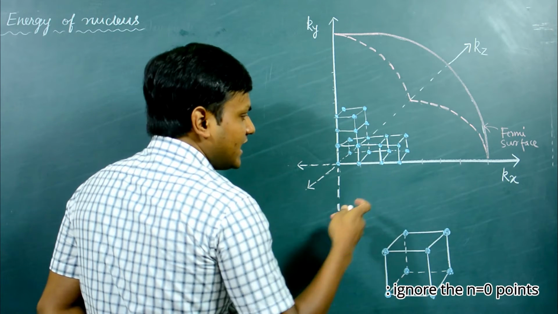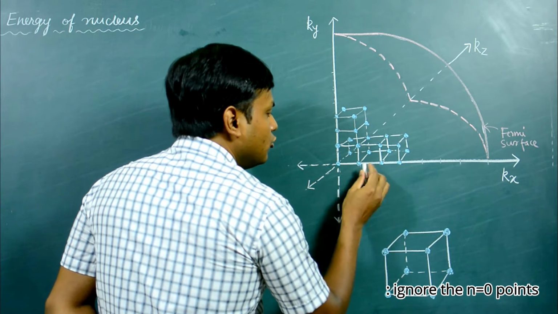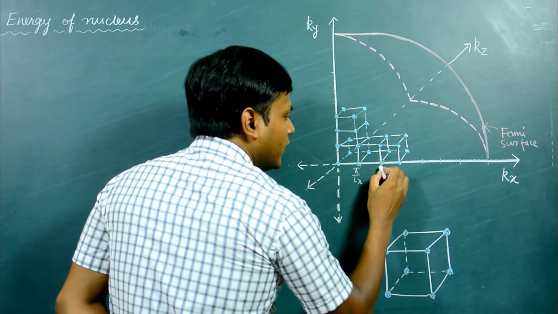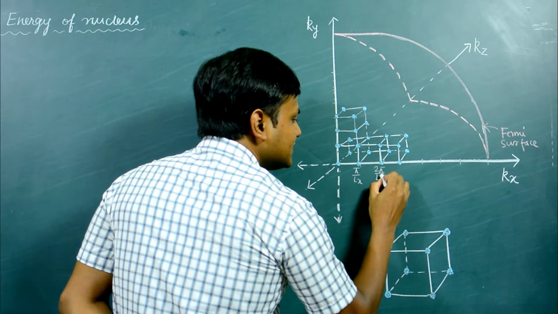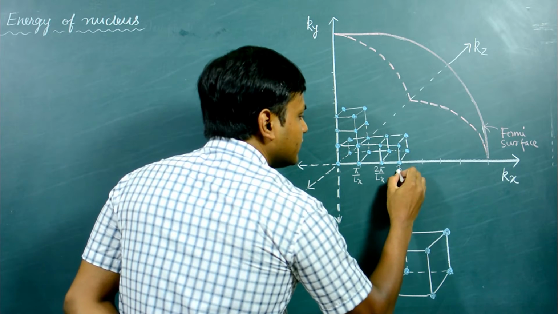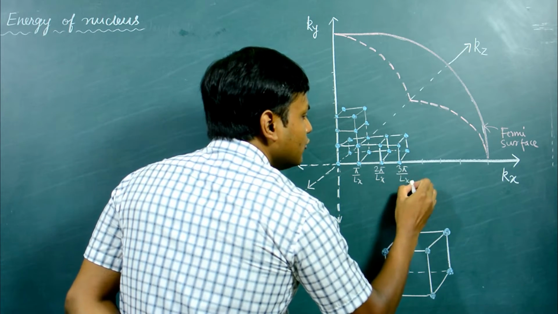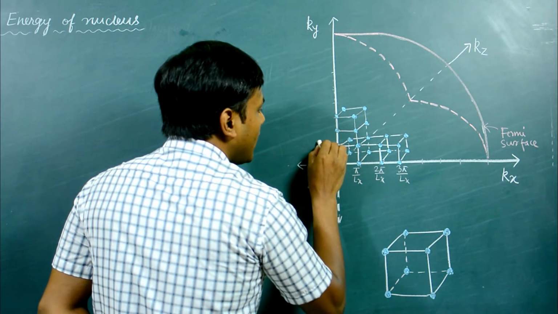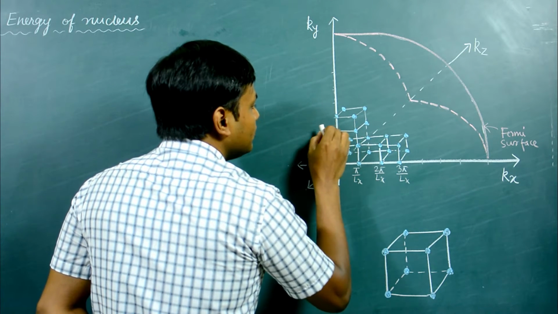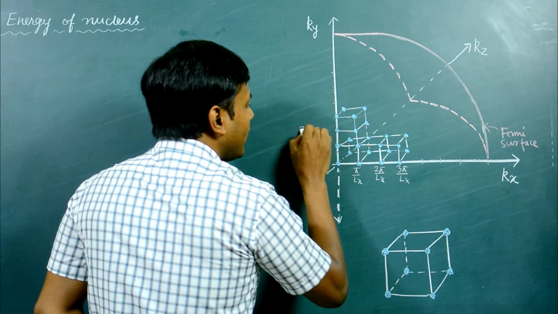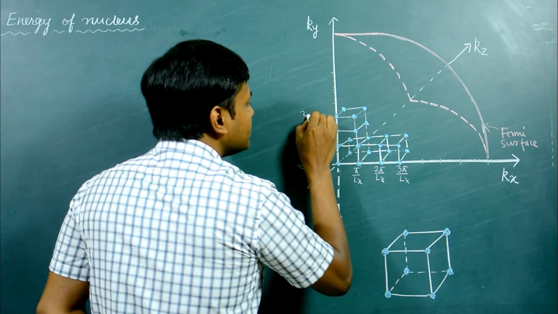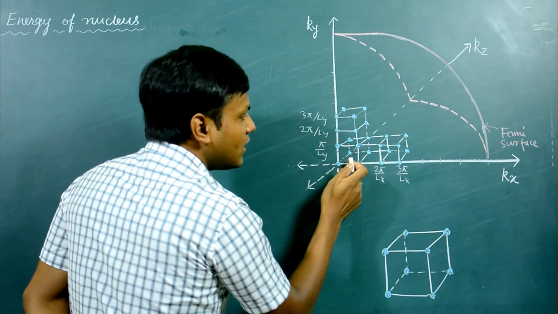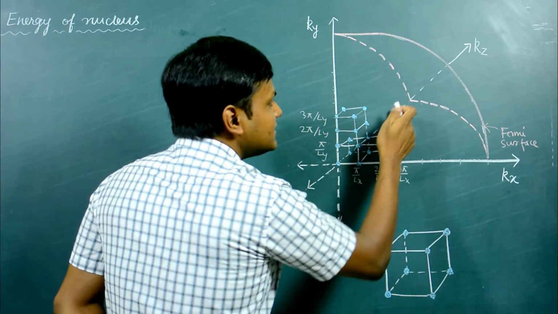So in the kx axis you will have this first blue point representing pi by Lx, the second blue point representing 2 pi by Lx, and the third blue point representing 3 pi by Lx, and on and on. Similarly, in the ky axis, the first blue point represents pi by Ly, the second represents 2 pi by Ly, the third represents 3 pi by Ly, and so on. And similarly in the kz axis you have pi by Lz, 2 pi by Lz and so on and so forth.